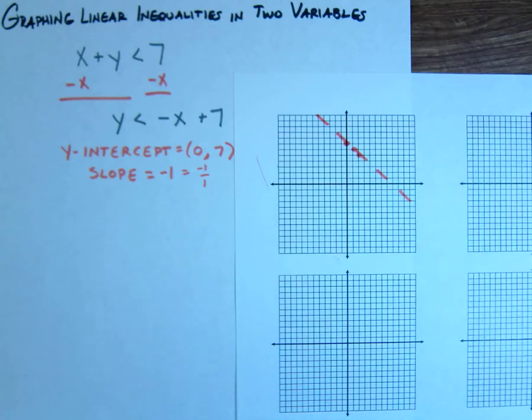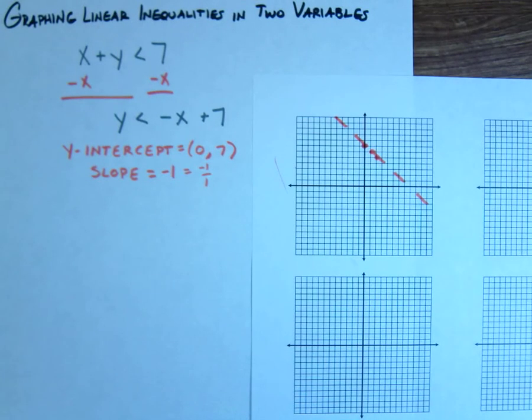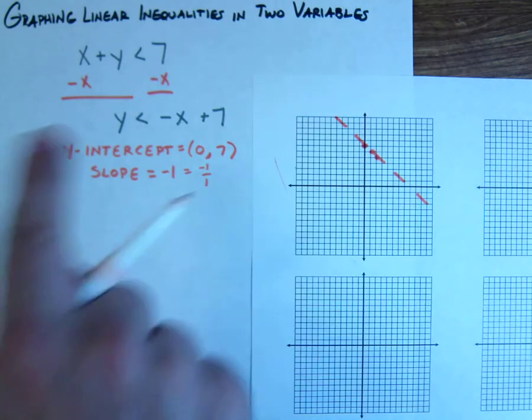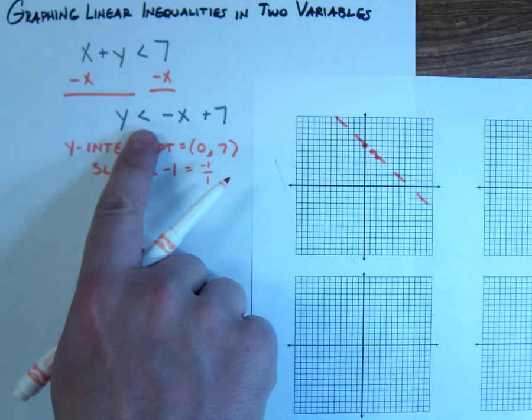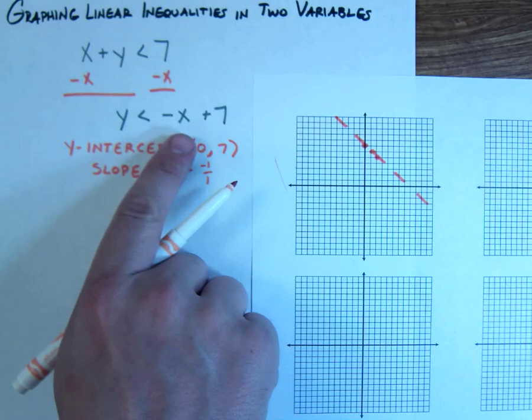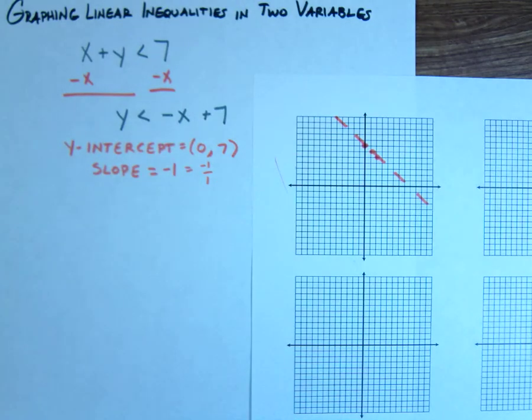Now here's the part that's going to upset you. We're still not done, because all I have shown is one line, and the solution actually is a bunch of lines. Less than means there's a bunch of lines that are below negative x plus 7. So I shade this graph. I actually color in the graph.